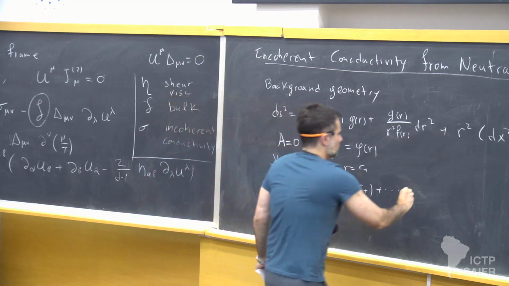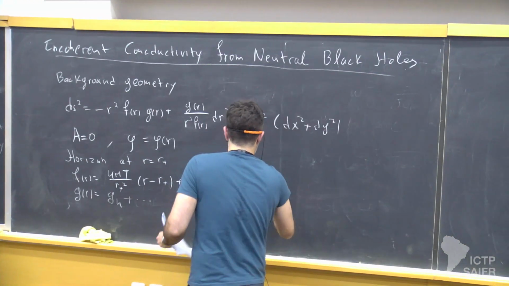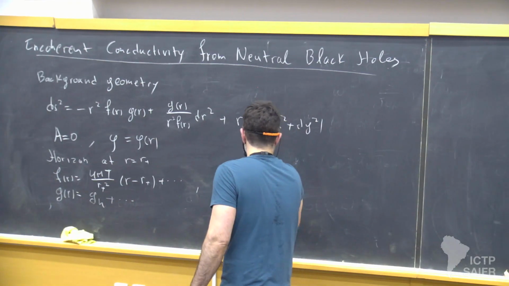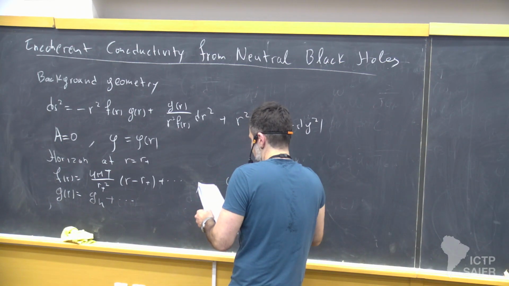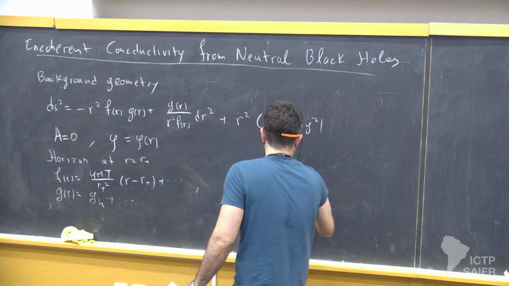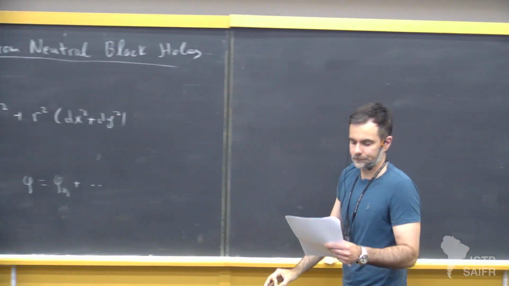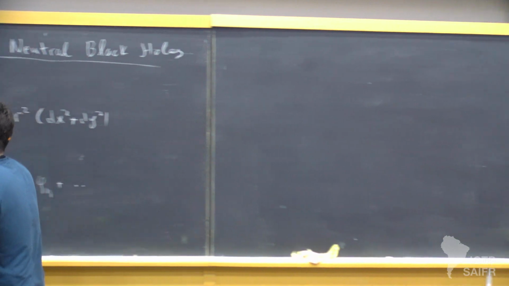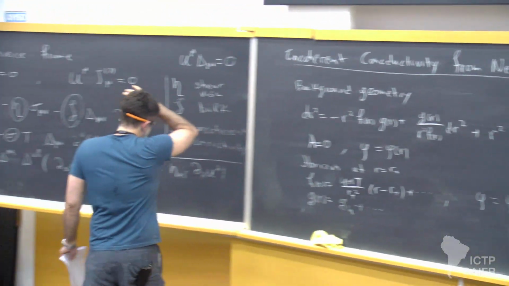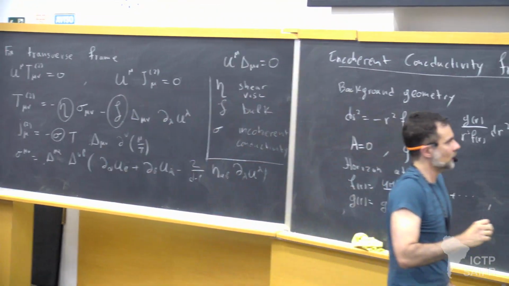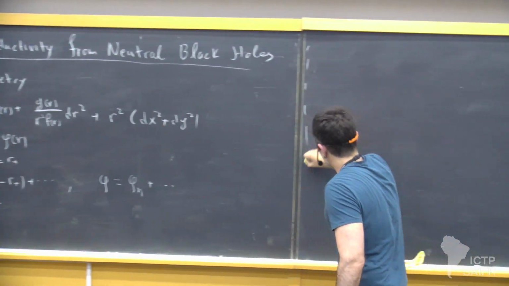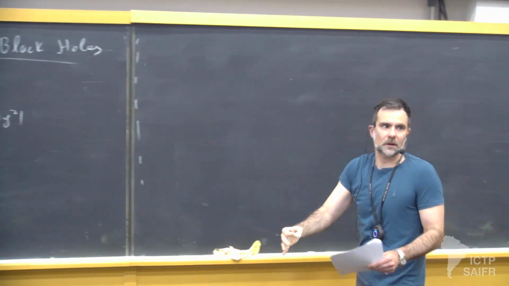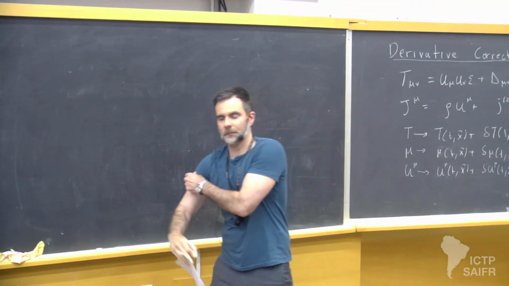And phi close to the horizon goes like phi h plus some Taylor expansion, okay? So now to study the dynamics of the current from the boundary point of view, I need to examine perturbations of the gauge field in the bulk, okay?